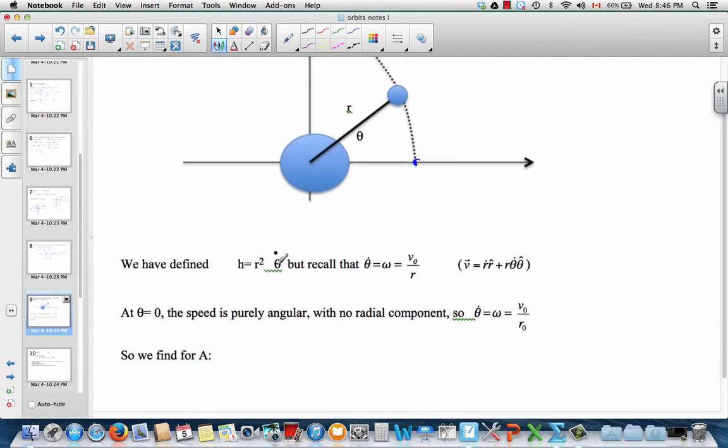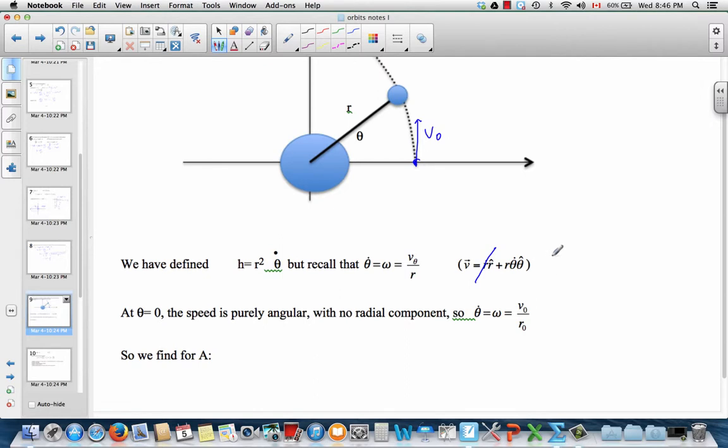Now, there's our angular momentum constant. h is r squared theta dot. But we know theta dot is omega. And at this point of closest approach, the velocity is going to be purely in the theta direction. So there will be no radial component at that point. So we can then define our velocity in terms of the angular momentum constant.